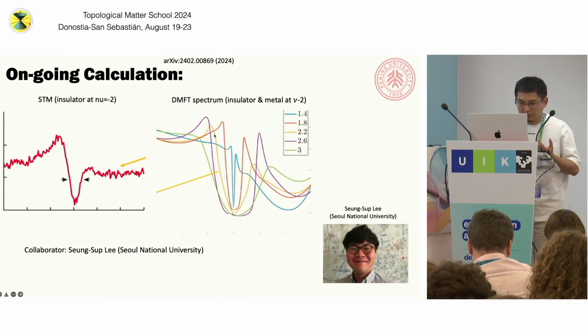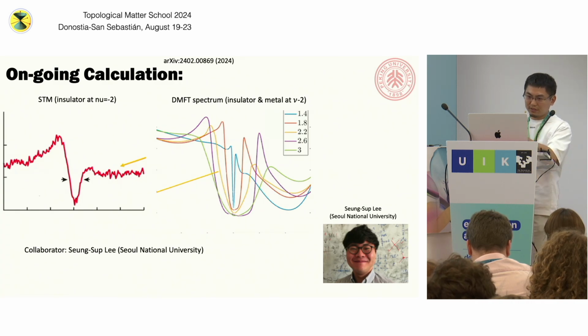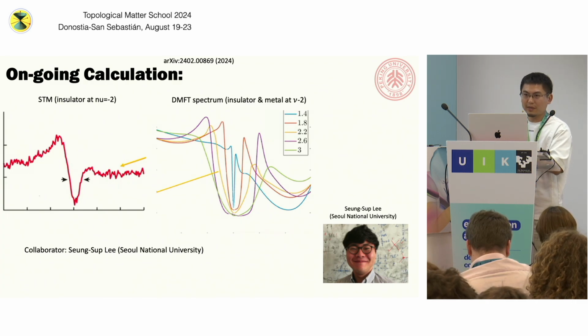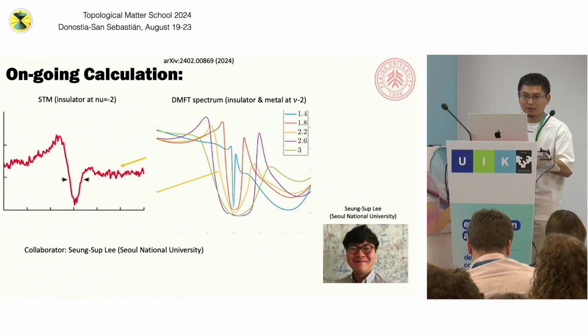From our calculation, we see that this gap is contributed by the multiplet splitting given by the electron-phonon coupling. Basically, we can treat each AA site as a superatom. When electron-phonon coupling is considered, the many-body states in this atom split. When you measure the single-particle spectrum, those multiplet splittings will enter your measurement.